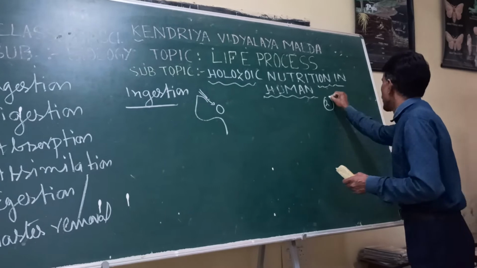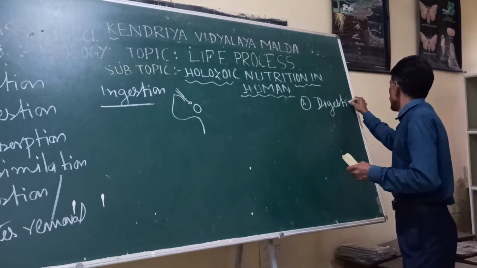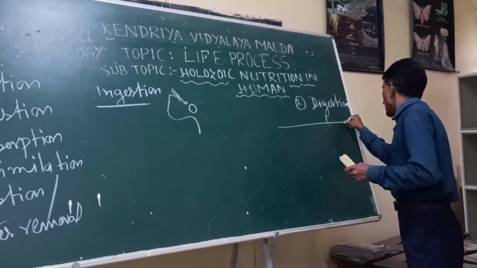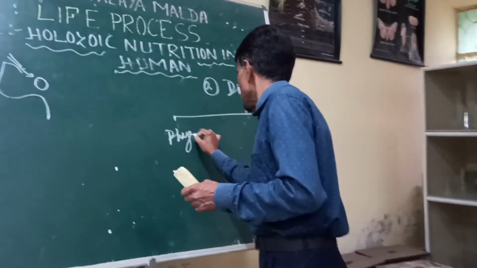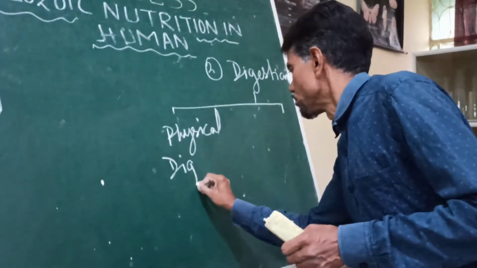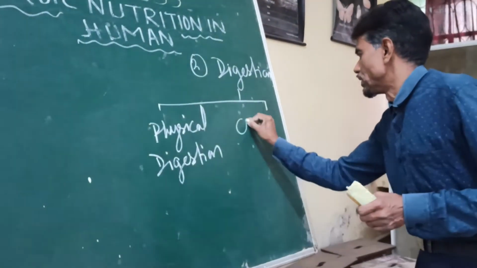After ingestion of food, next comes digestion. Number 2 is digestion. Digestion again is of 2 types: physical digestion and chemical digestion.